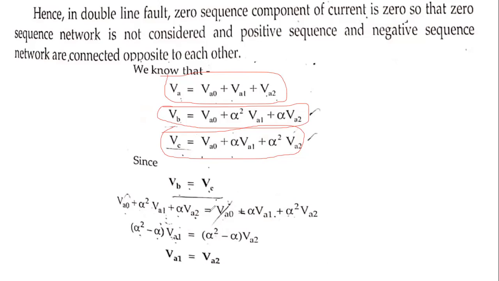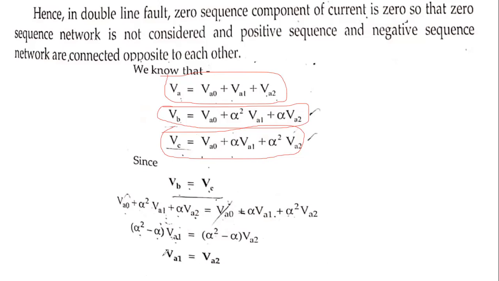Then by simplifying this equation, as we did in the previous case with the currents, the value is (alpha square minus alpha) into VA1 is equal to (alpha square minus alpha) into VA2.